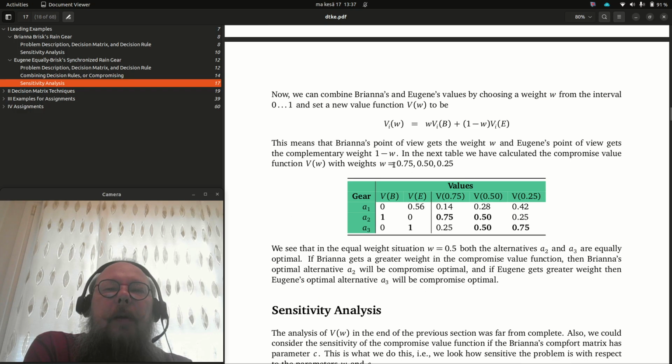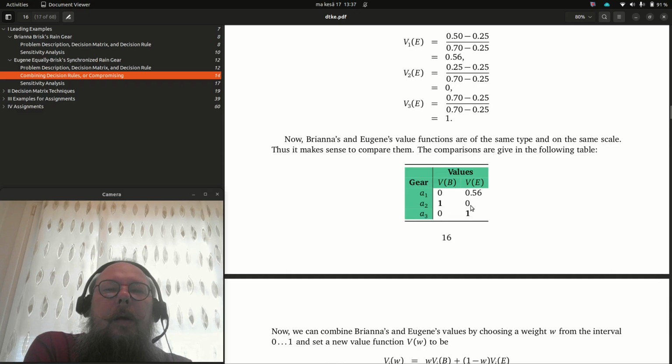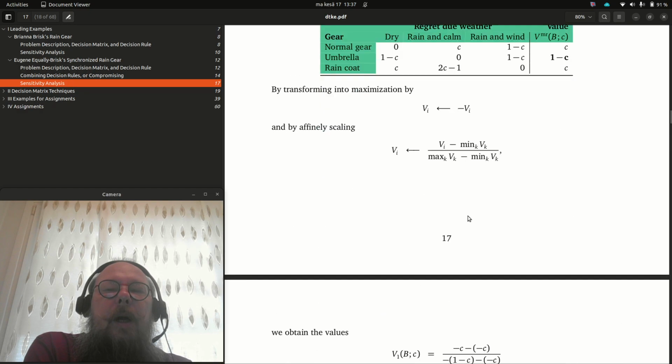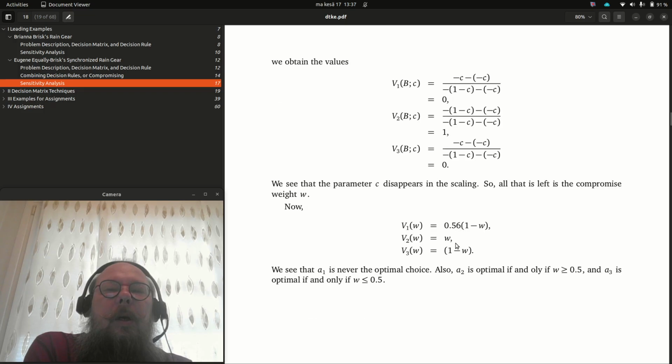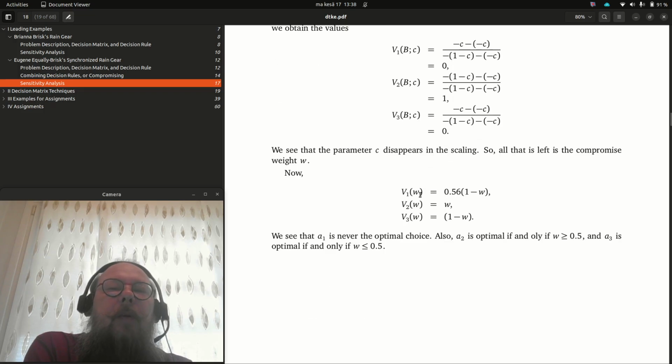This is what we had with Eugene, so 0.55, 0, and 1. And once you do it, after a little bit of algebra, it turns out that V1 of W is 0.56 times 1 minus W, V2 is W, and V3 is 1 minus W.